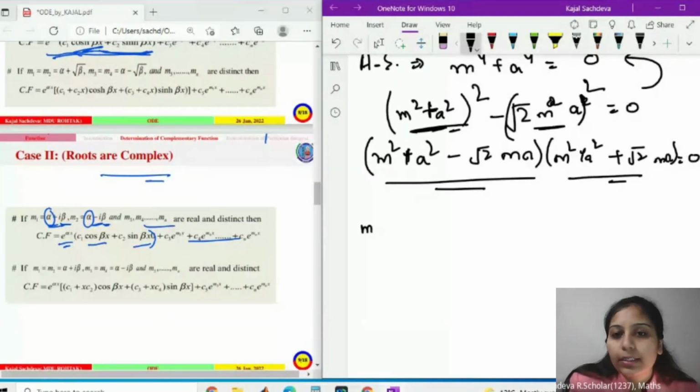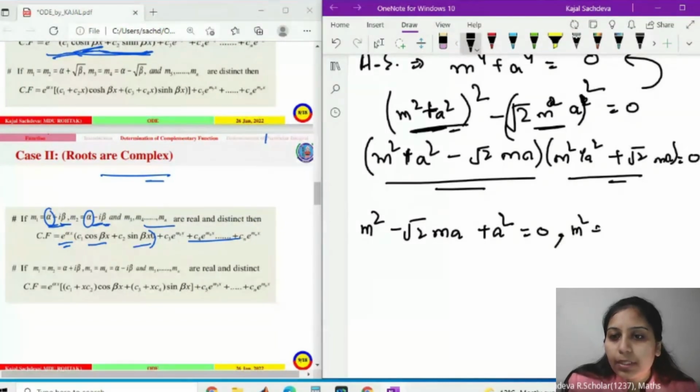When we write each separately equal to 0, write in its standard form: m^2 minus root 2 m a plus a^2 is equal to 0 separately, and m^2 plus root 2 m a plus a^2 is equal to 0 separately.